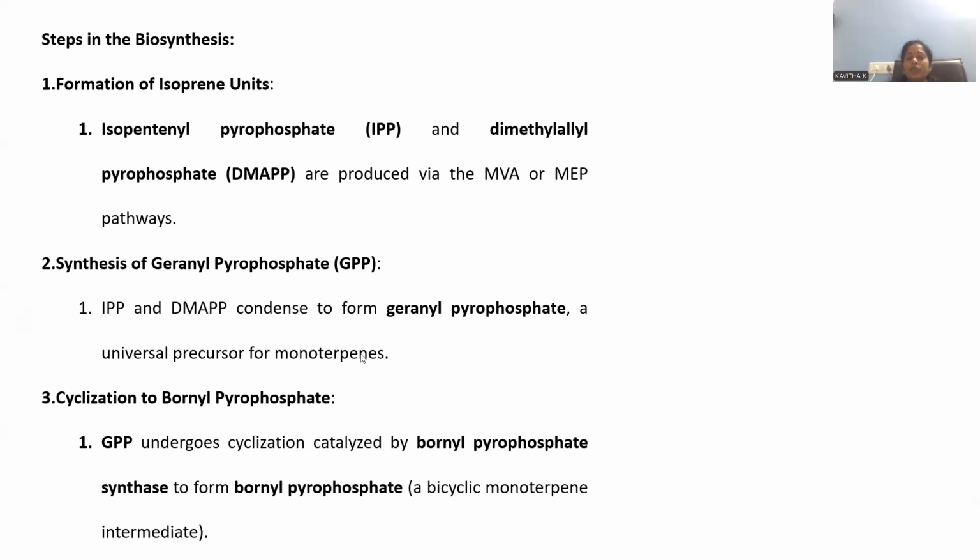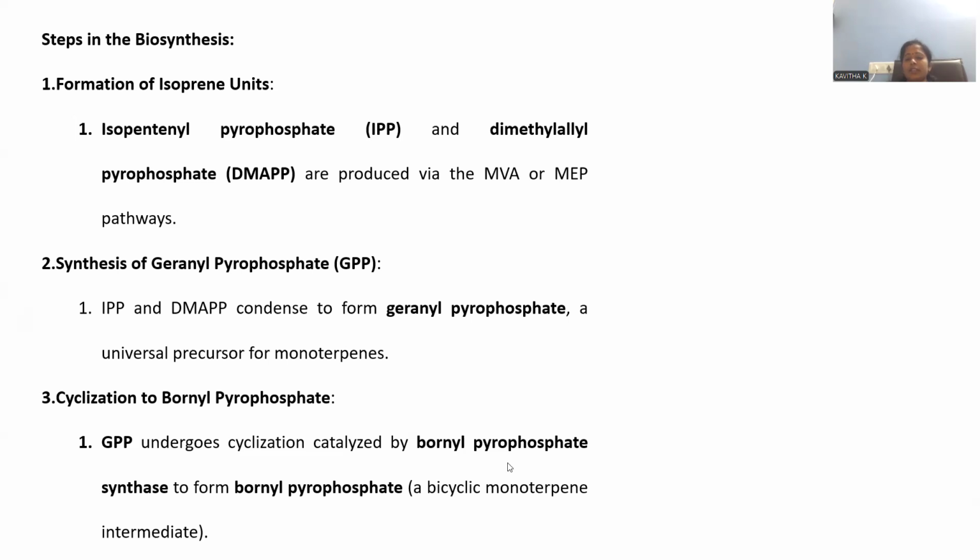Here there is a certain change in the path of synthesis. Geranyl pyrophosphate, when treated with pinene synthase, gives alpha pinene. Now we have to go for the GPP reaction with bornyl pyrophosphate synthase.